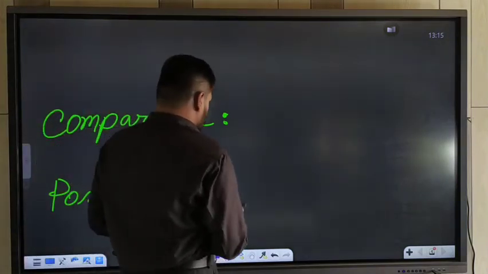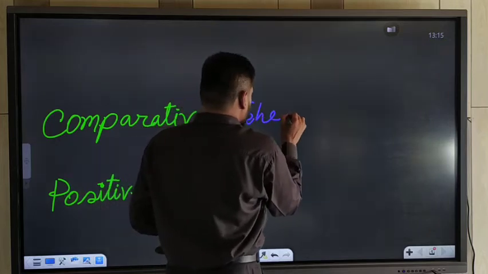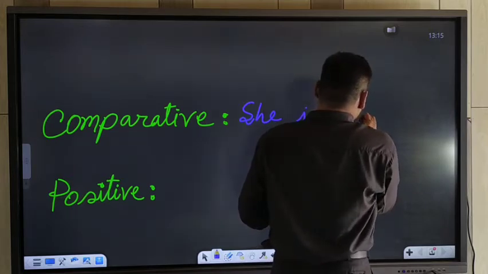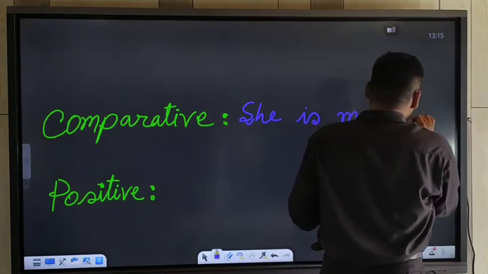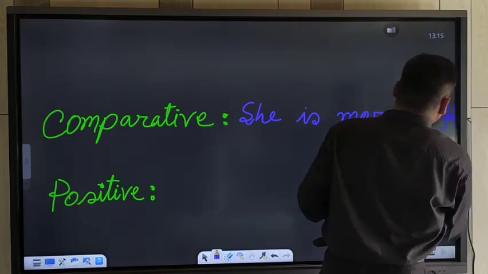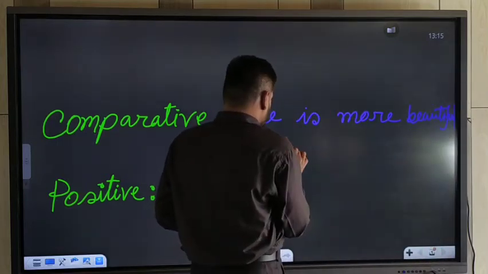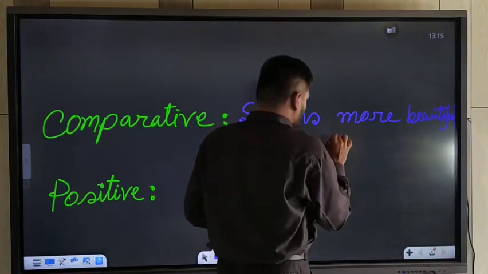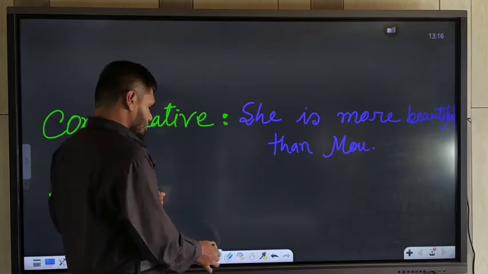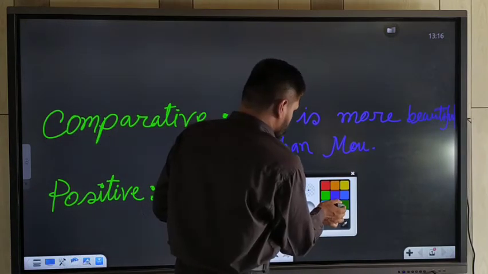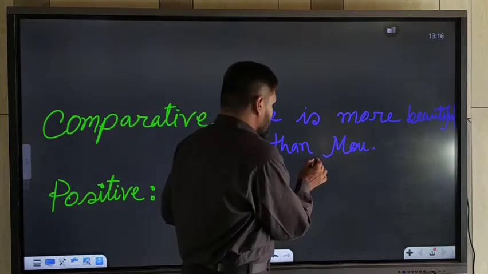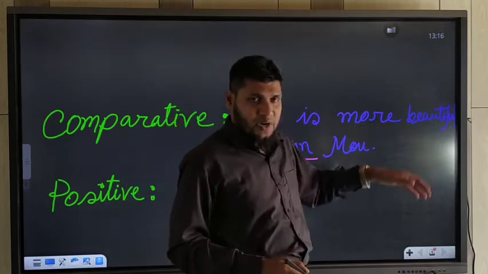Suppose, she is more beautiful than Mo. She is more beautiful than Mo. So here only than is used after the comparative form.